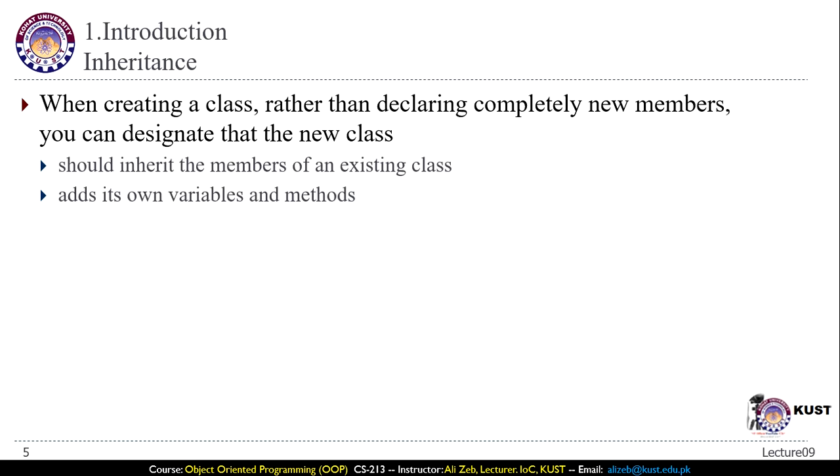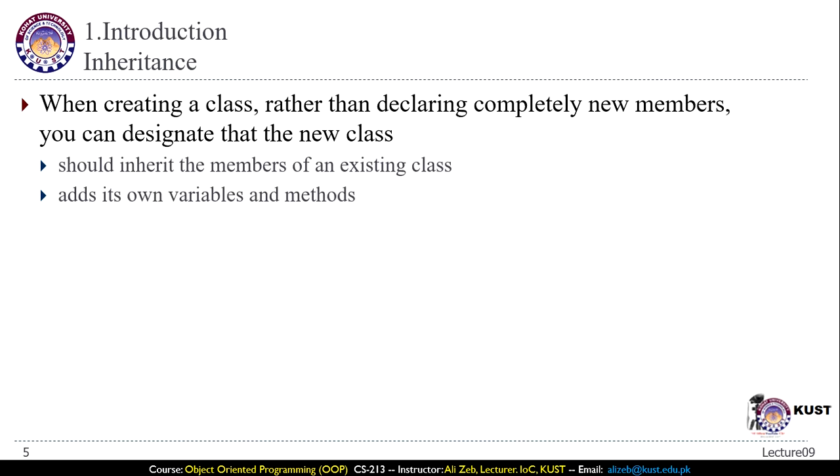In the previous example, the person had a first name, a last name, and an identification number. Instead of declaring these data members again in the subclass, the employee class, we inherited those members into the employee class along with the methods of the person class.